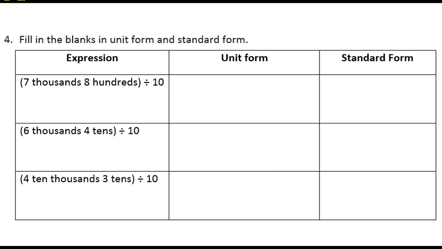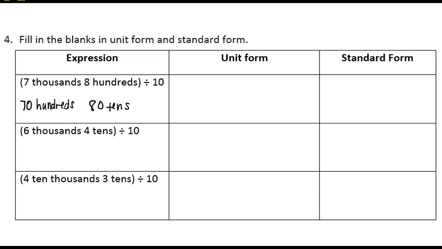Here I'm taking 7,000s and 800s, and I'm going to divide those by 10. Let's take it one step at a time. I can't take 7,000s and put those into 10 equal groups. So we'll decompose the 7,000s into 70 hundreds. And we'll decompose our 800s into 80 tens.